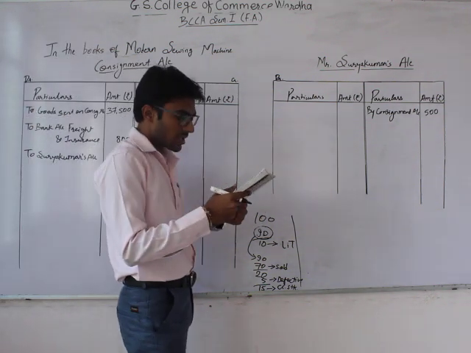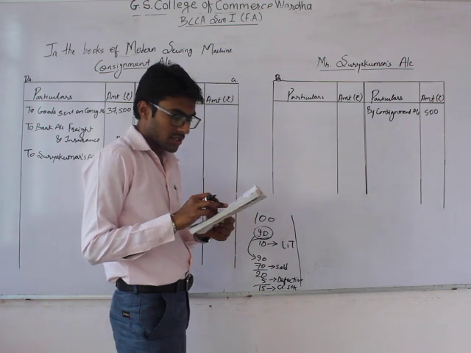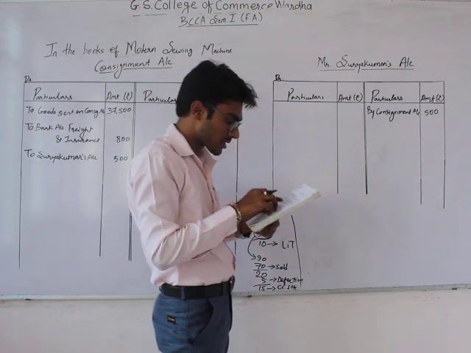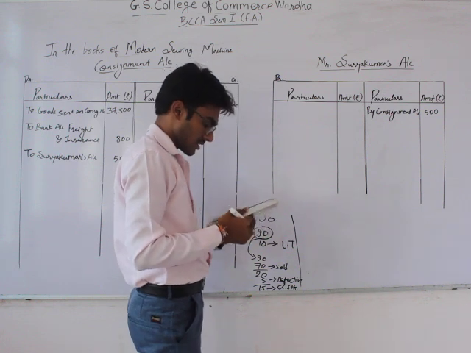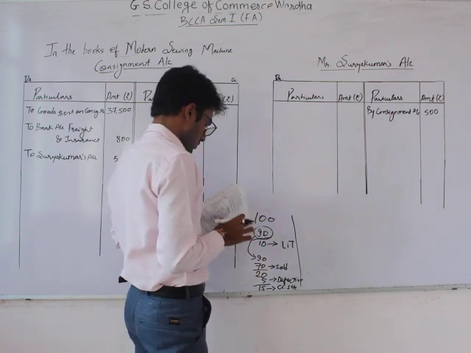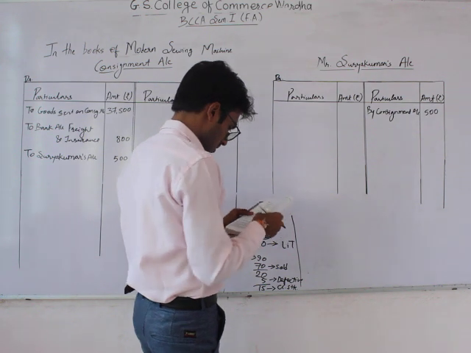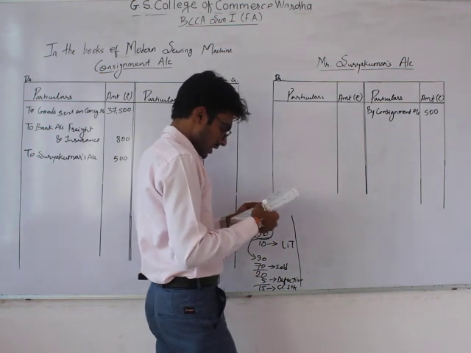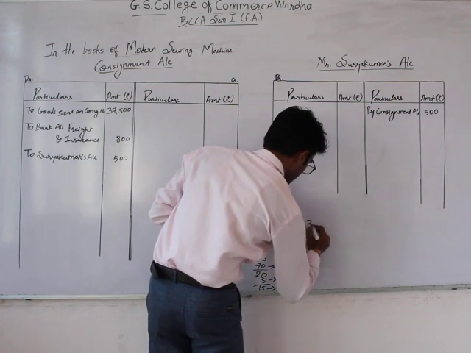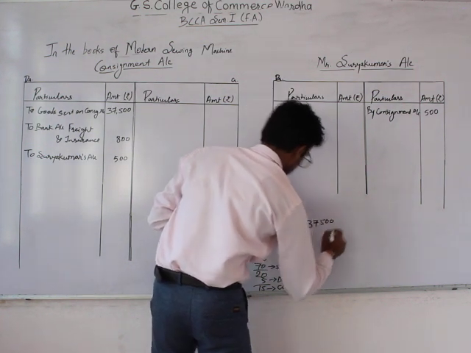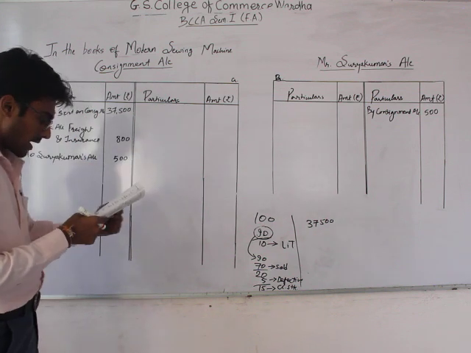So there is commission in 3 parts. First, 5% on invoice price. Invoice price for the commission part is 37,500.